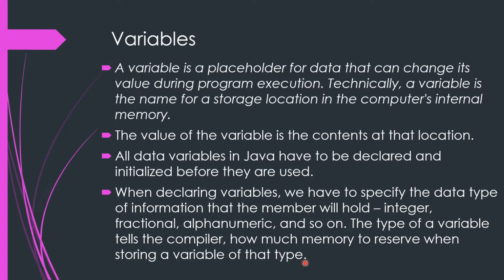There are various data types like integer, fractional, alphanumeric, and many more. So before using, we have to declare and initialize, and when we are declaring, we have to specify the data type also. And what do we mean by data type? Basically, we mean what type of information it will hold. This thing we come to know by the data type of that variable.